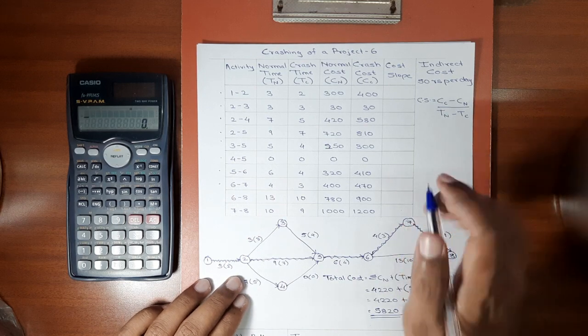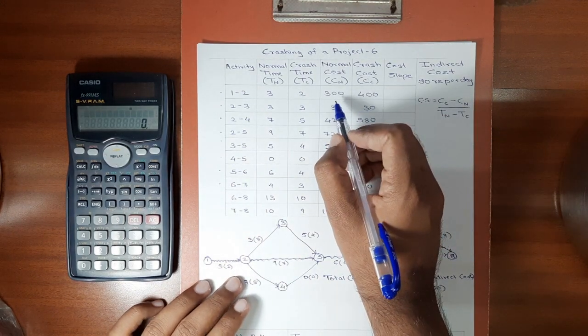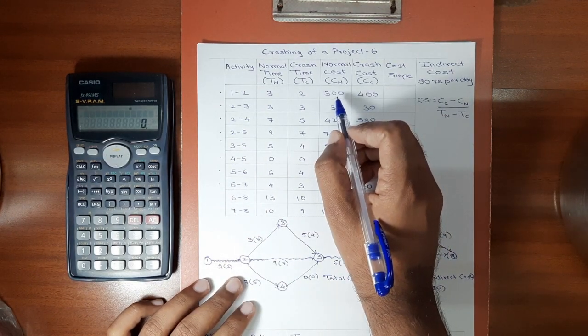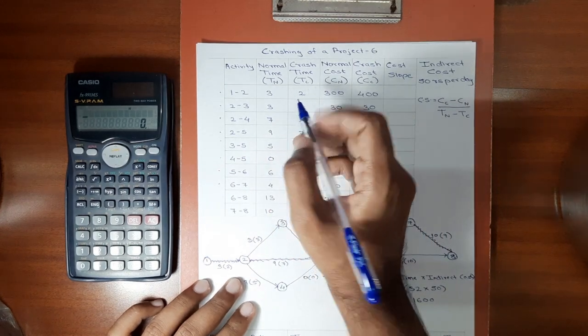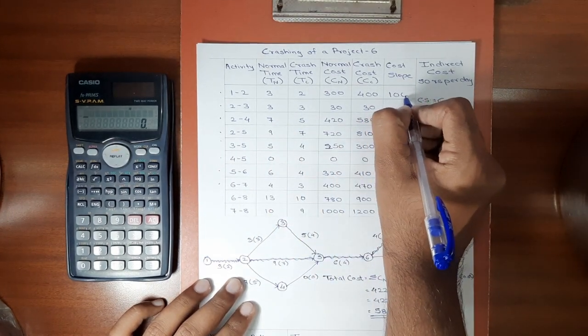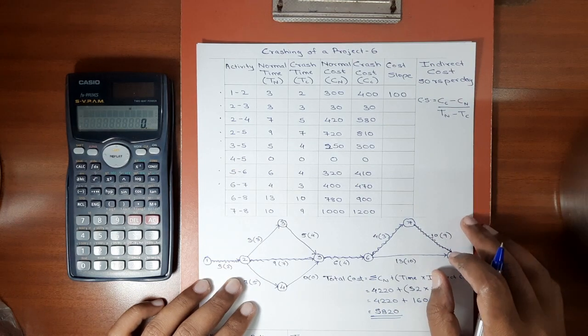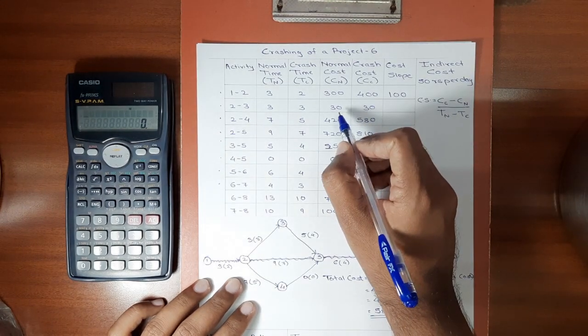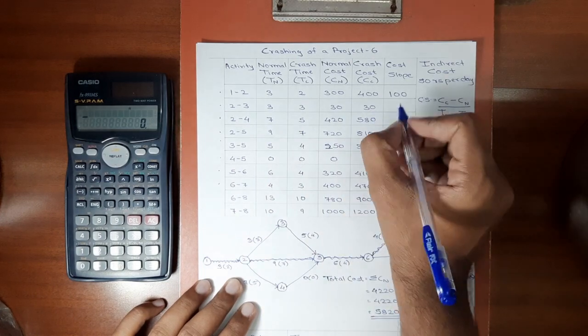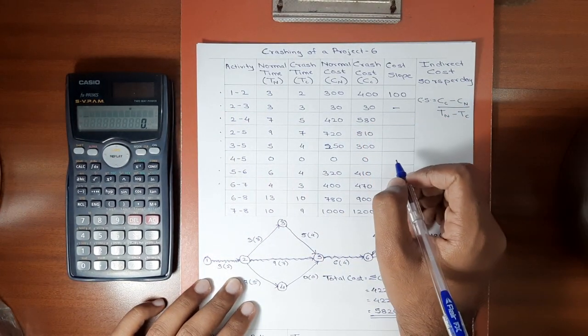So for first activity, 400 minus 300 gives 100. 100 divided by 3 minus 2 is 1. So the cost slope is 100. 30 minus 30 is 0, divided by 3 minus 3 is 0. Here the cost slope will not be defined.